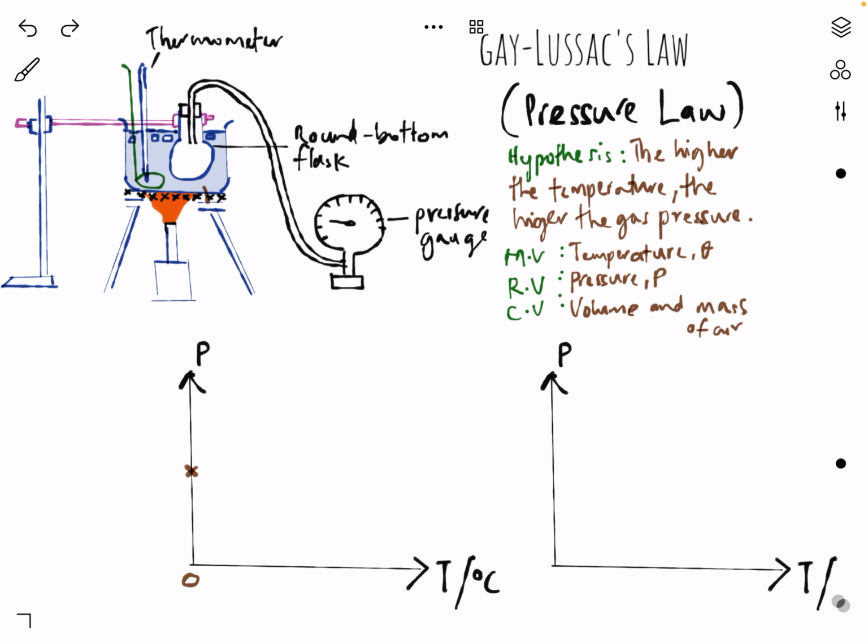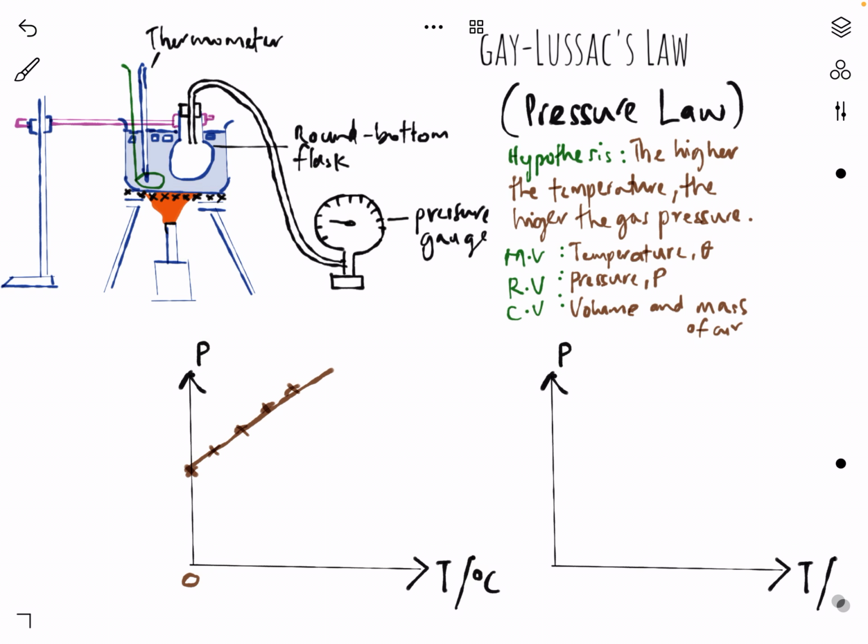And then when we heat it up, the pressure will increase. And then it increases more when we heat up to a higher temperature. When we look at this graph, we can draw a line, something like this.